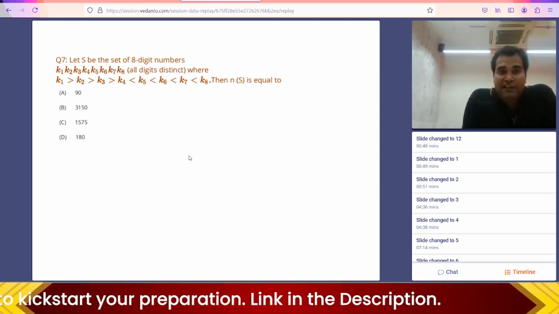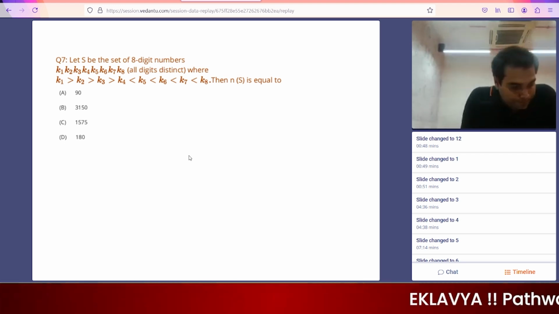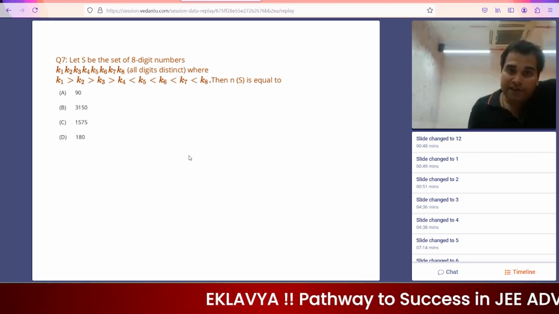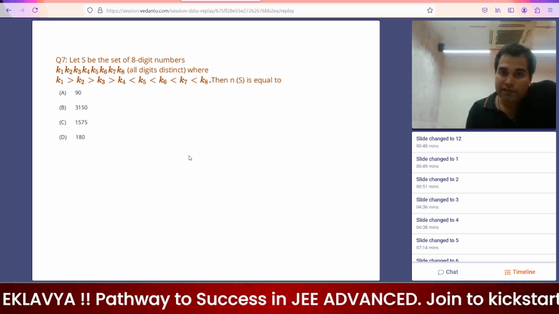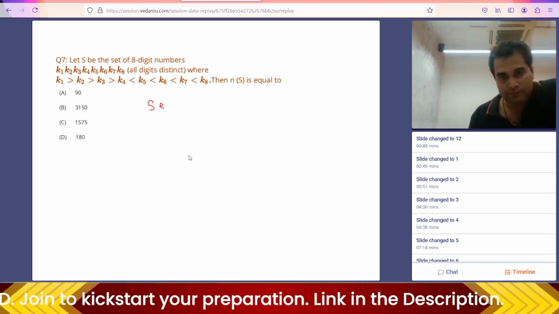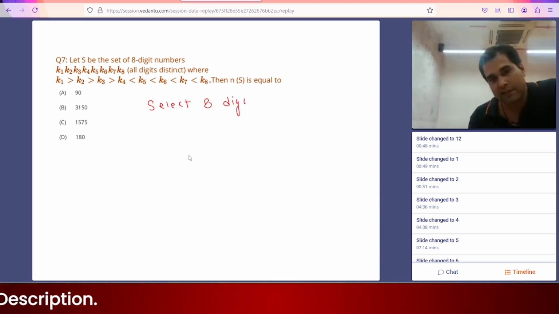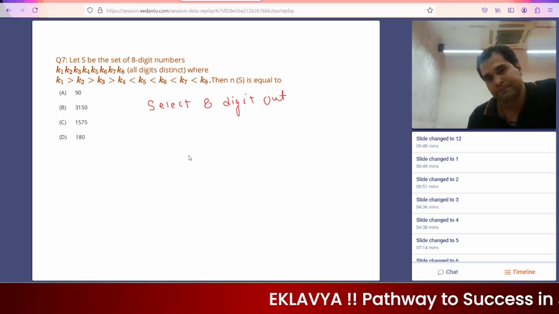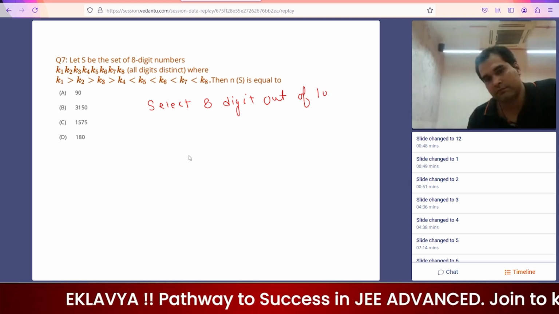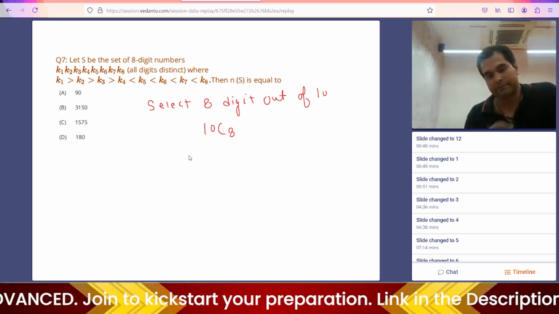Let S be the set of 8-digit numbers K1, K2, K3, K4. All digits are distinct. It's okay. All digits are distinct means select 8 digits out of 10 digits, which means 10C8.